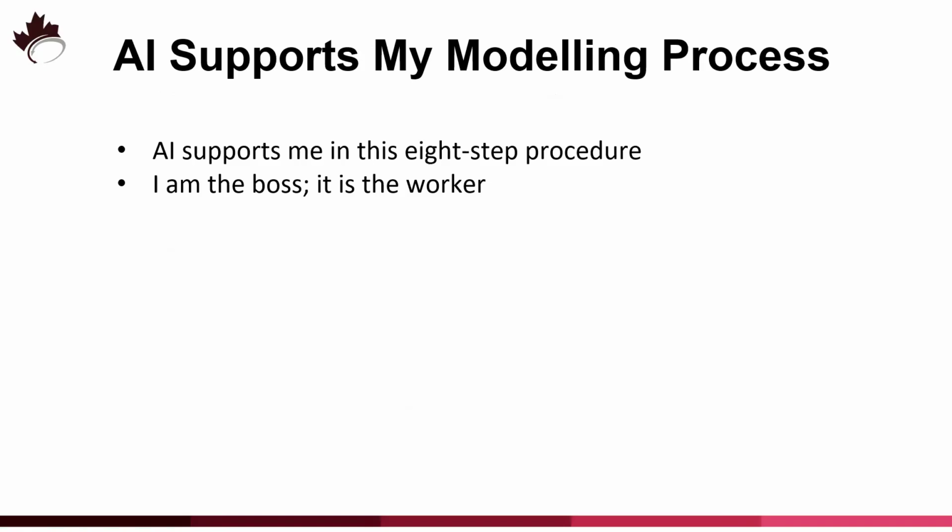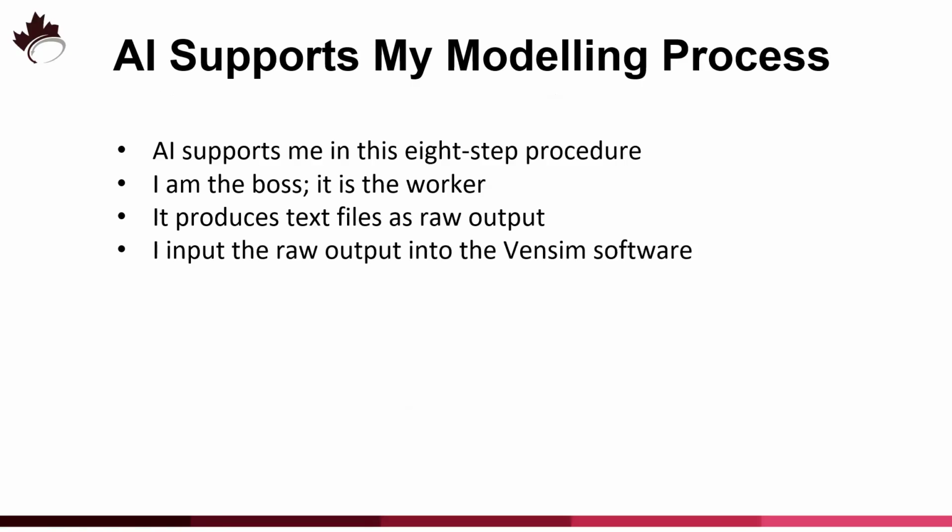So I spend a lot of time working with ChatGPT in my case, and we work together as a boss and a worker. I get ChatGPT to produce text files as raw output. And then I take that raw output and turn it into a Vensim model.